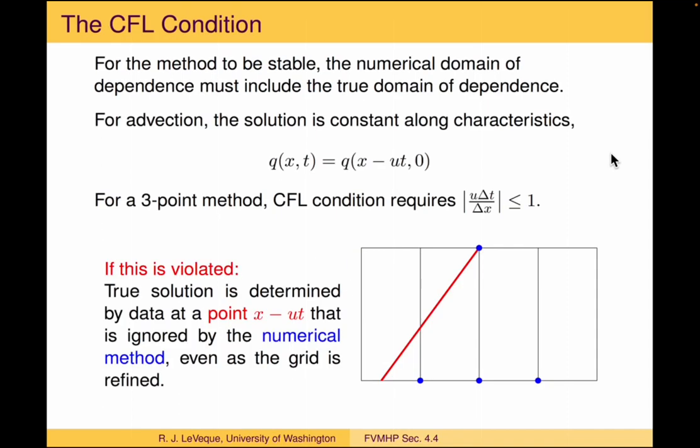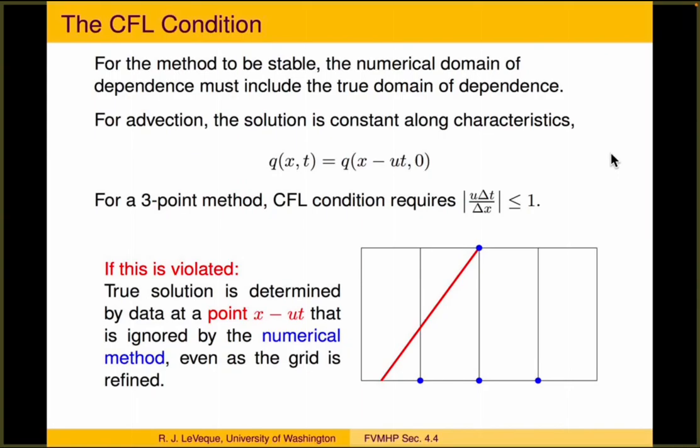So here's another picture down at the bottom where we're envisioning a particular point over a single time step of length delta t, and again the 3-point method, so this value is computed based on these 3 values. Okay, but now suppose that this CFL condition is violated.